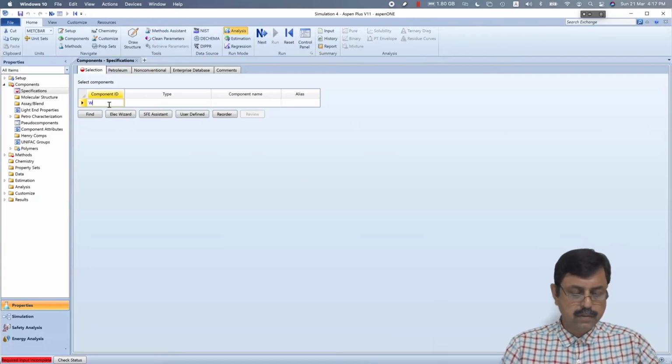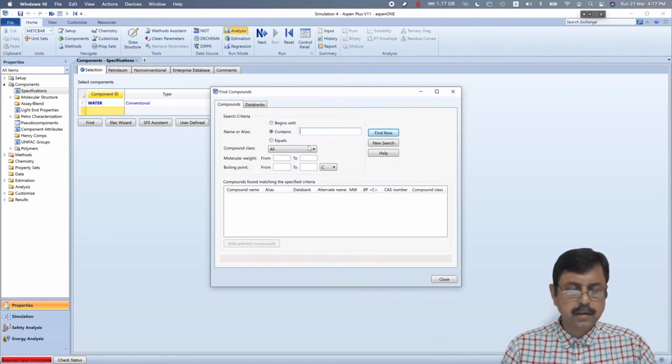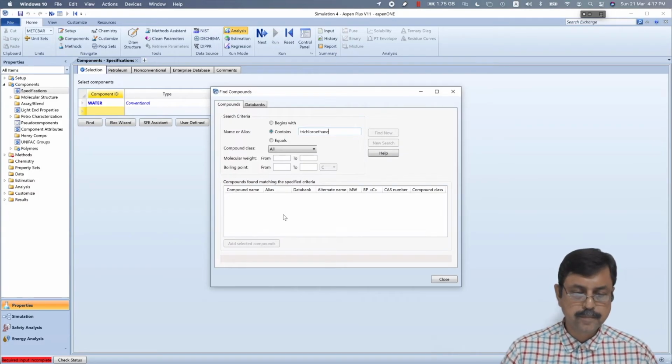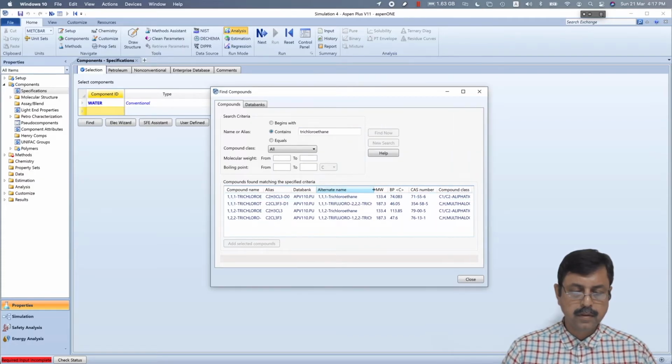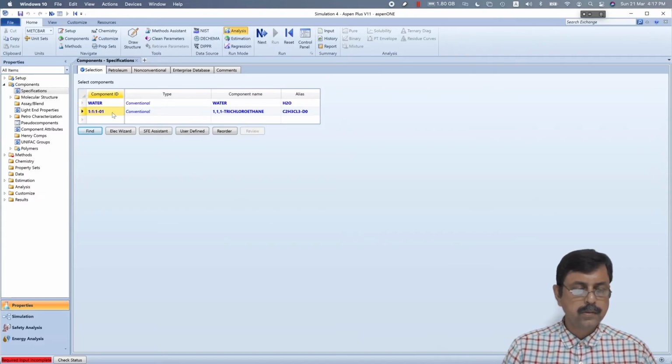Okay, so we enter water, then trichloroethane. Okay, we choose the first one. So we have to rename it as TRC. Press next.